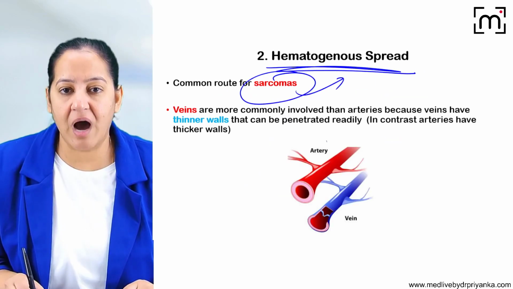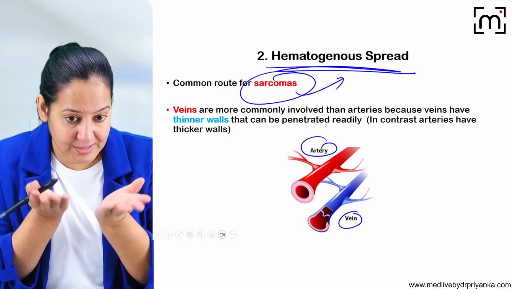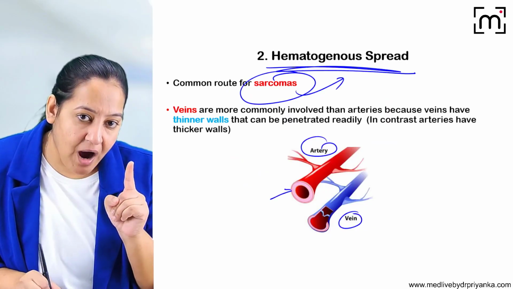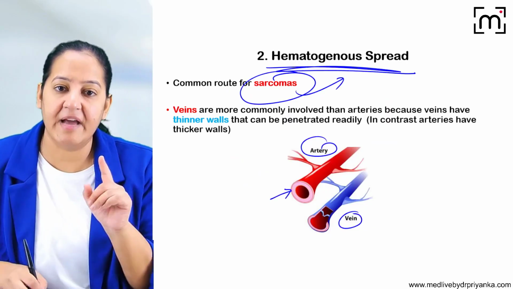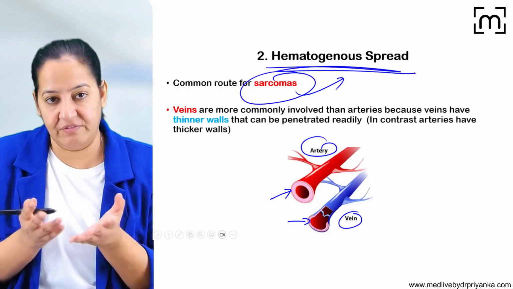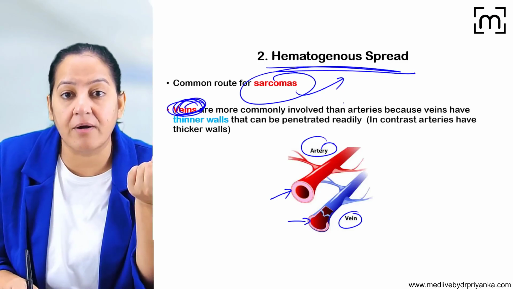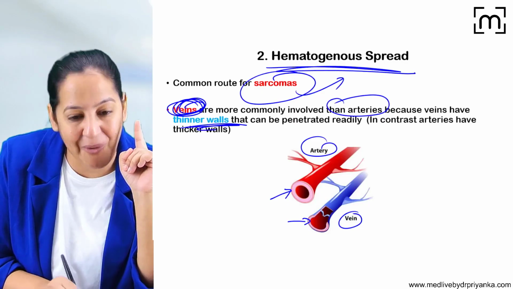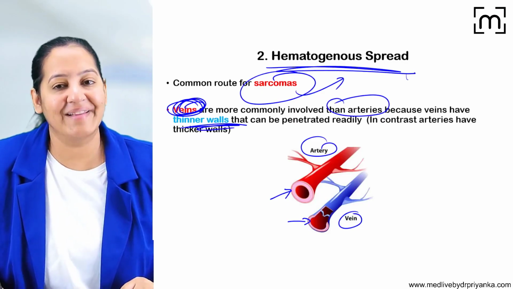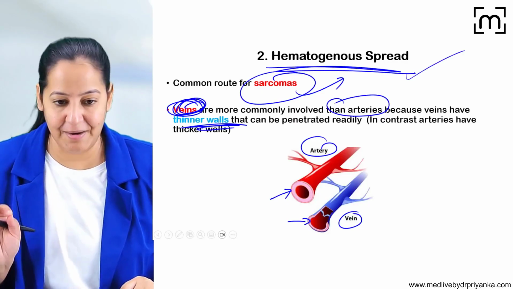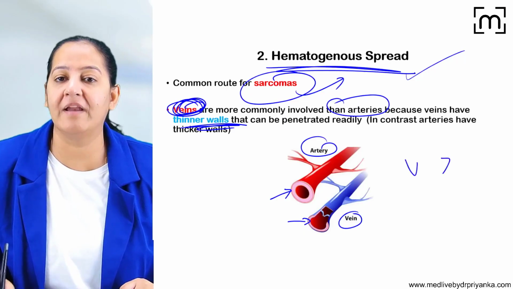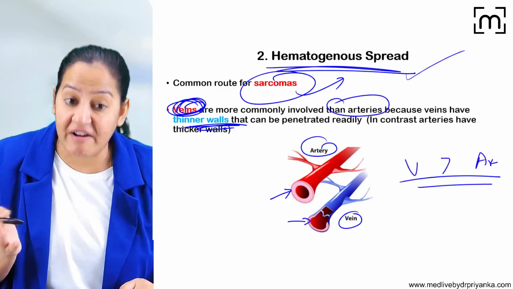Have a look at the thickness of the wall of the artery and the wall of the vein. You are getting my point? So veins are more commonly involved than arteries because of their thinner walls. That is the hematogenous route.